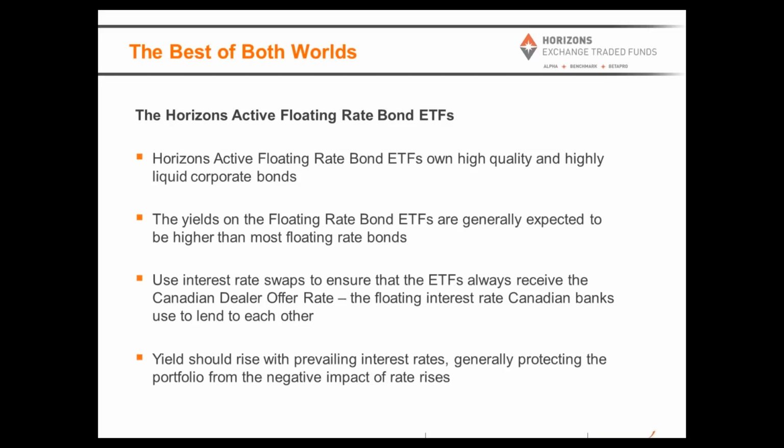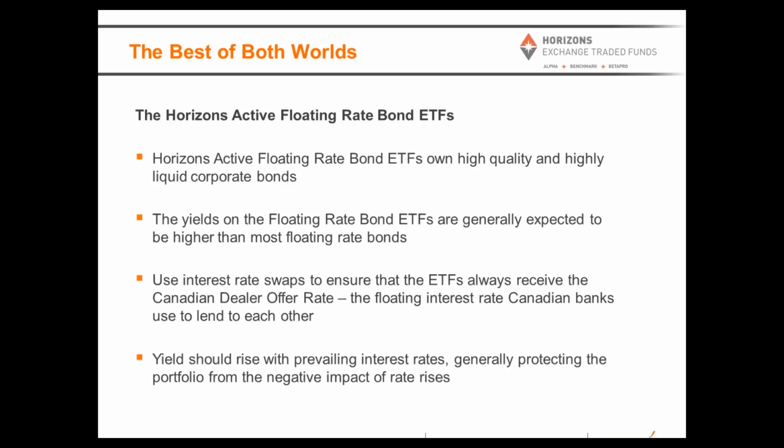So by using what we call the fixed for floater swap, we're trading away the yield and the duration of the basket of corporate bonds, and in return, we're getting this Canadian dealer offer rate, or CDOR, plus the difference in bond yields between corporate bonds and government bonds. I know that sounds complicated, but let's say you're getting 2.5%, and we'll talk about the numbers again in a second.